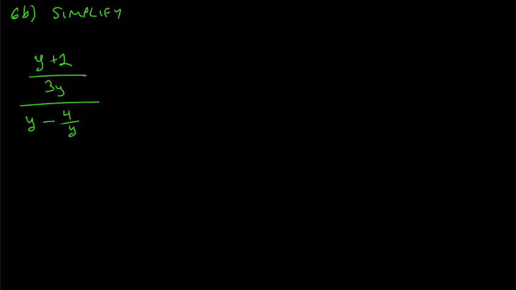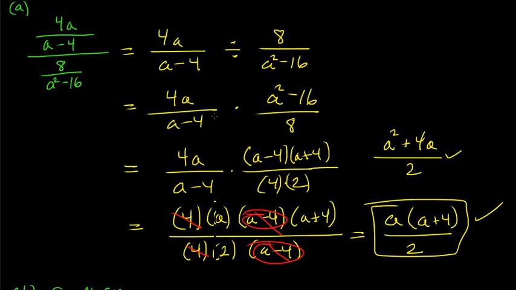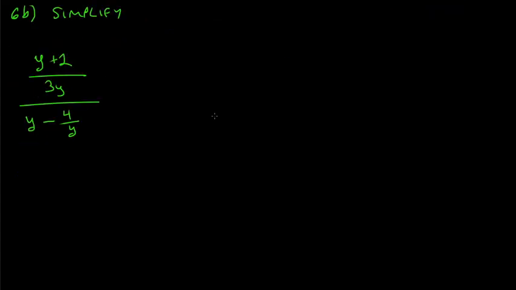Okay, so here we want to simplify y plus 2 over 3y over y minus 4 over y. Now, this one cannot quite be done the same way as the previous one. You could try, but a lot of people really mess this up here. You can think of this as y plus 2 over 3y divided by y minus 4 over y.